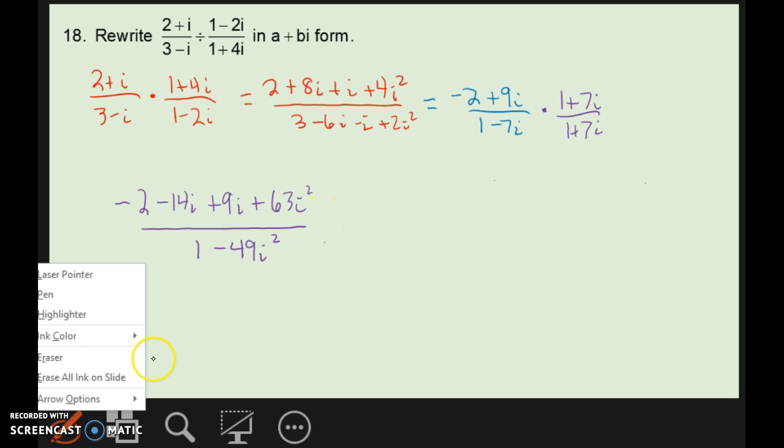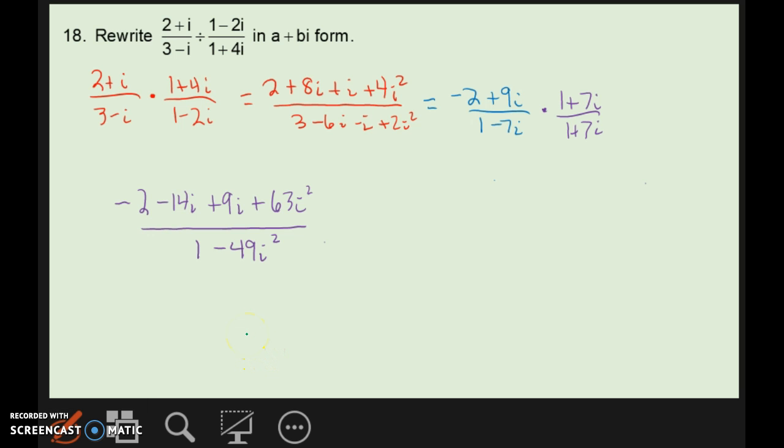So I'm almost there. Step or two away. Combine like terms, so I've got a negative 2, and this will become a negative 63, so that's negative 65. And then negative 14i plus 9i is negative 5i. In the denominator, that will become 1 plus 49.